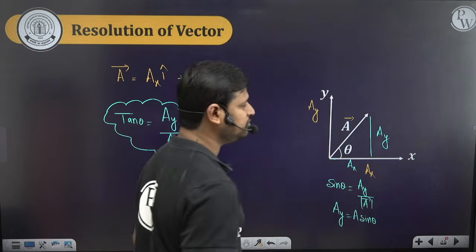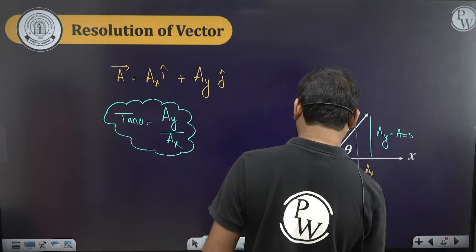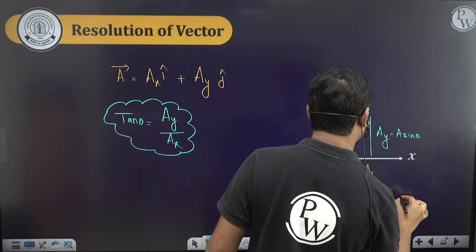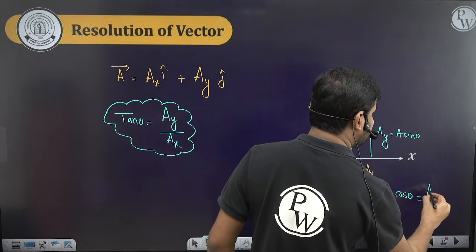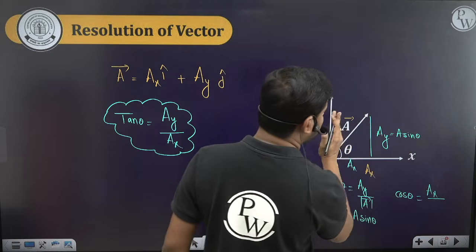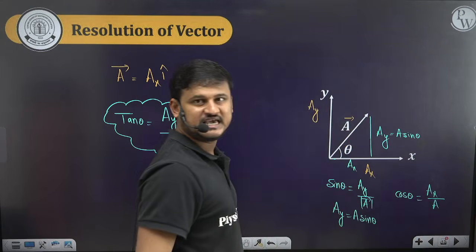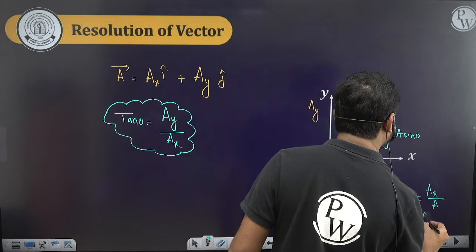Similarly, cos theta equals adjacent by hypotenuse, AX by A. So AX is equals to A cos theta.